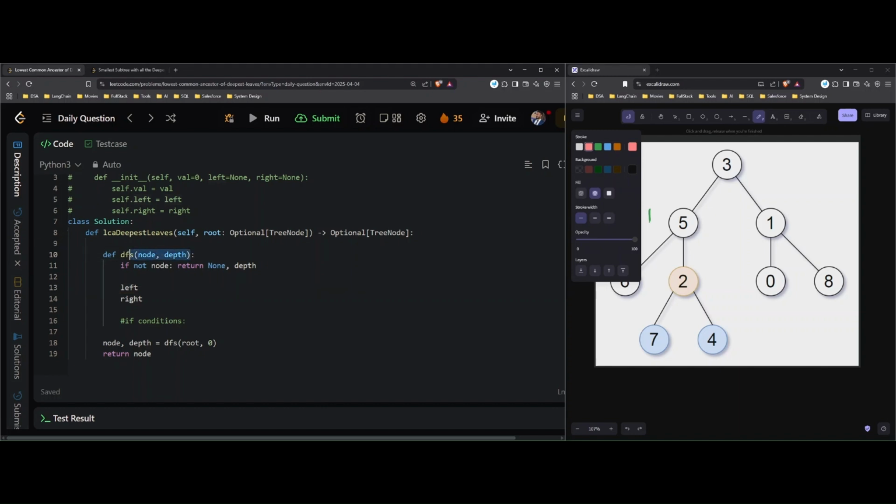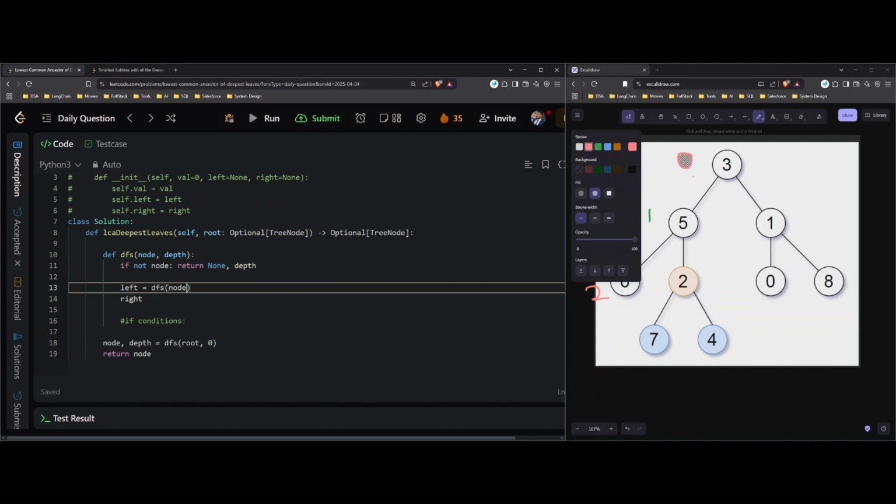When we were moving left, we were also increasing our depth. If you remember, we started with 0. We move to the left, we increase 1. We move to the right, we increase one more value, that is 2. So what does that mean? For that, I'll first write the DFS of it.